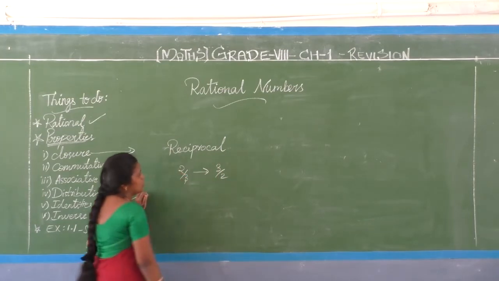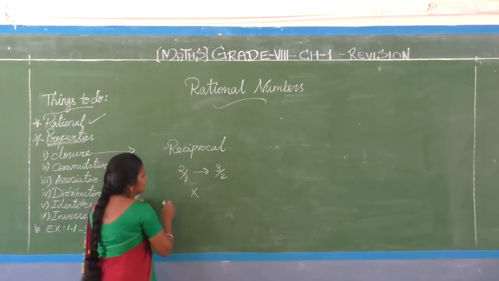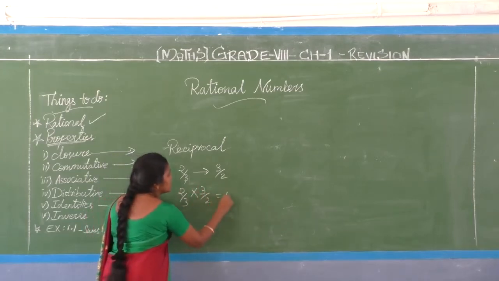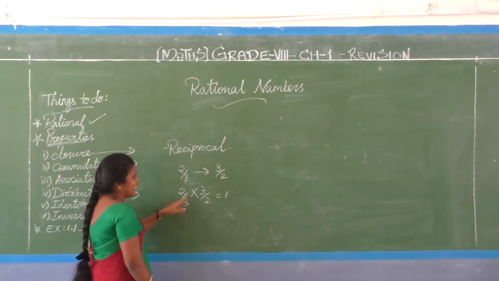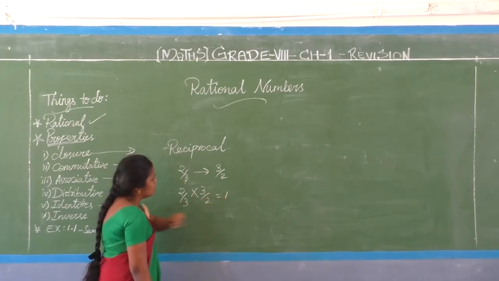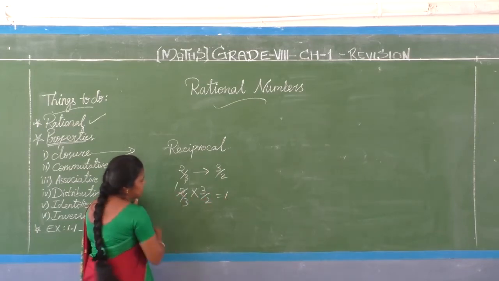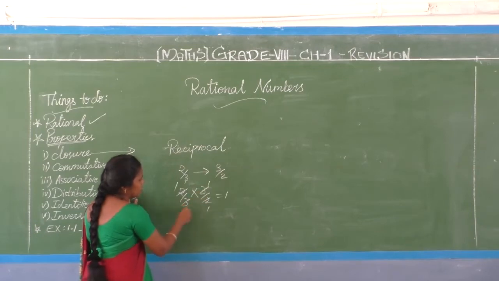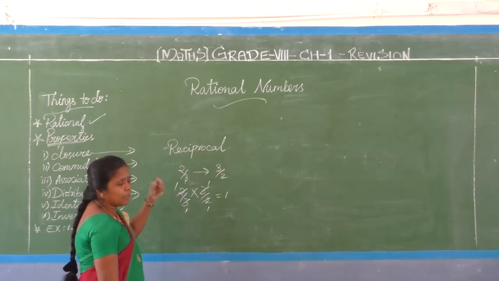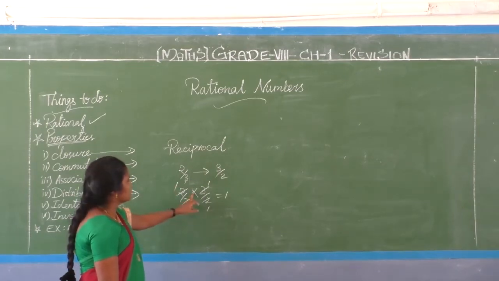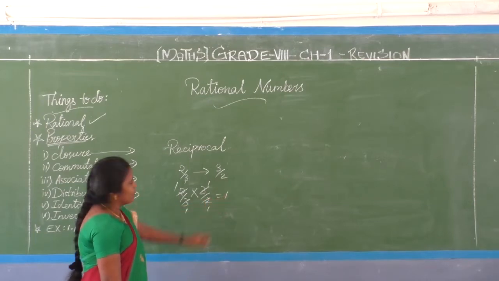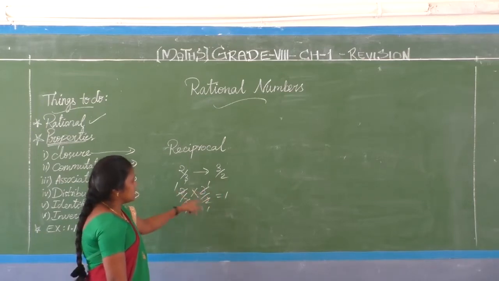Here also there is one important result: the product of any rational number and its reciprocal is always 1. How does it come? Just verify: 1 2 is 2, 1 3 is 3. We have 1 only. So if we want the reciprocal of any number, we multiply by its reciprocal, showing answer 1. If our answer is 1, our answer is correct.